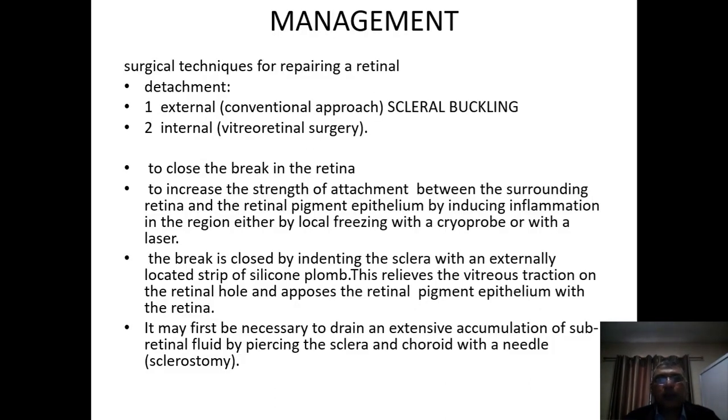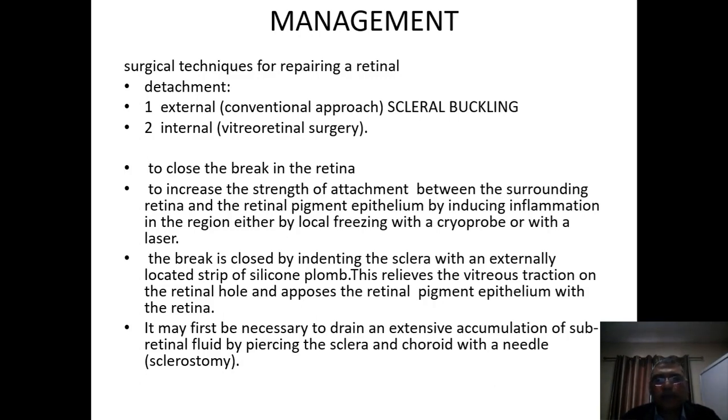Management of retinal detachment: we have an external approach through scleral buckling. We put a belt around the eye, scleral buckling, to make the sclera approach the detached retina and preserve the function of the retinal cells. Internal approach: we will go through the eye, we remove the vitreous, vitrectomy, and put some internal tamponade to push the retina back to its position adherent to the choroid.